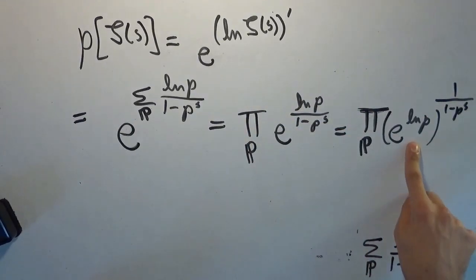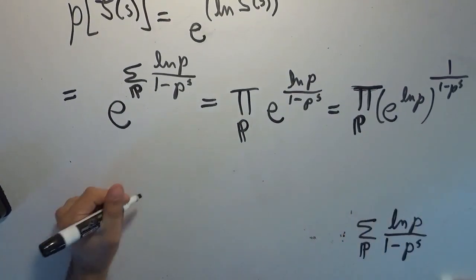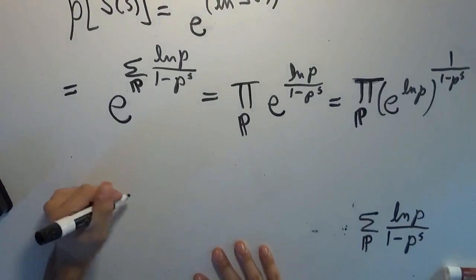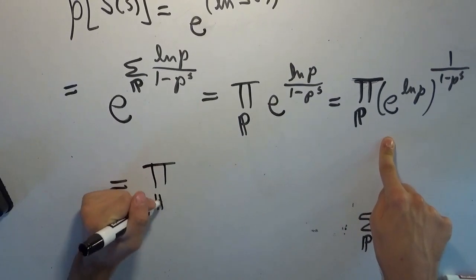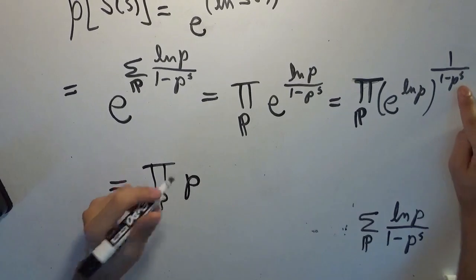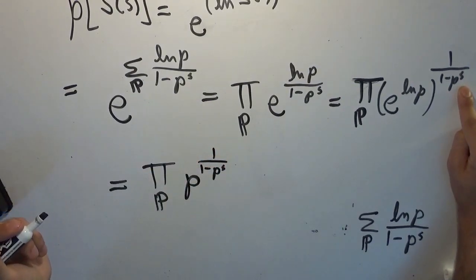And e to the log p is just p, because the logarithm and the exponent cancel. And so we find out that the product derivative of the Riemann zeta function is equal to the product over the primes of p to the power of 1 minus p to the s.